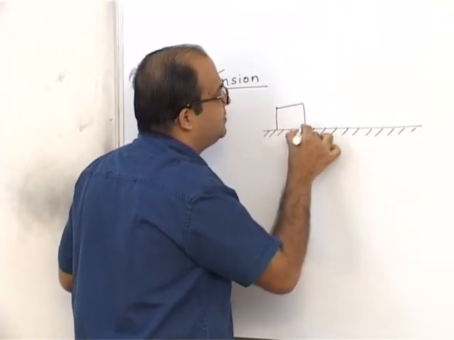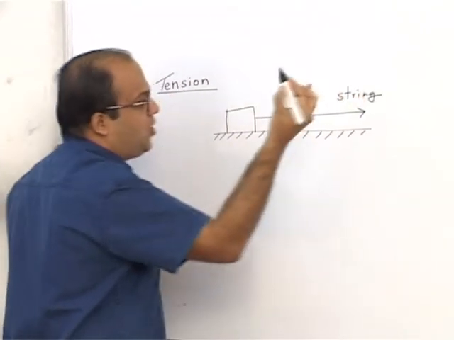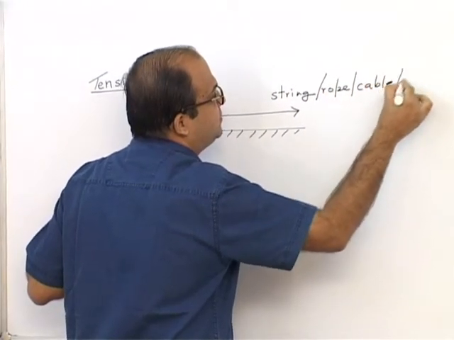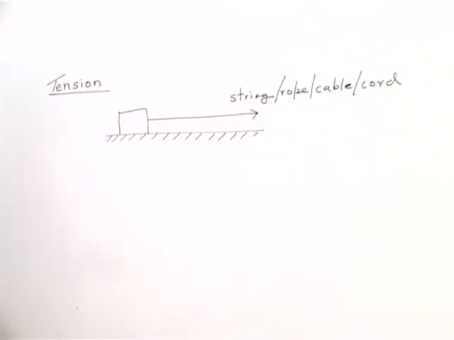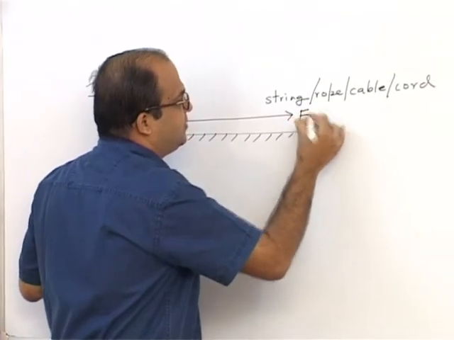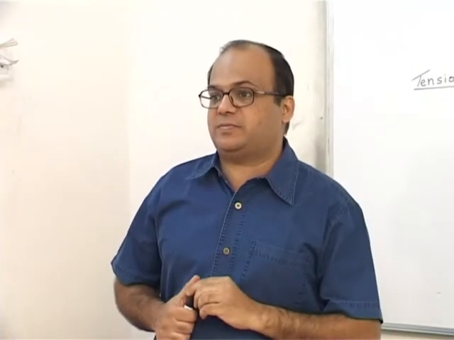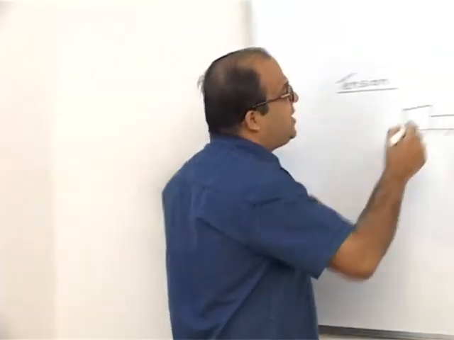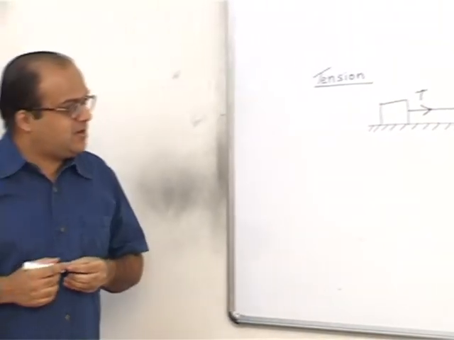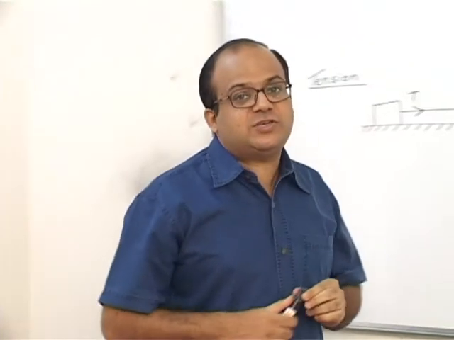If a string or rope or cable or cord is tied to a body and pulled tight, the string pulls on the body with a force called tension that is always directed away from the body and which is directed always along the string. So this is what is tension.